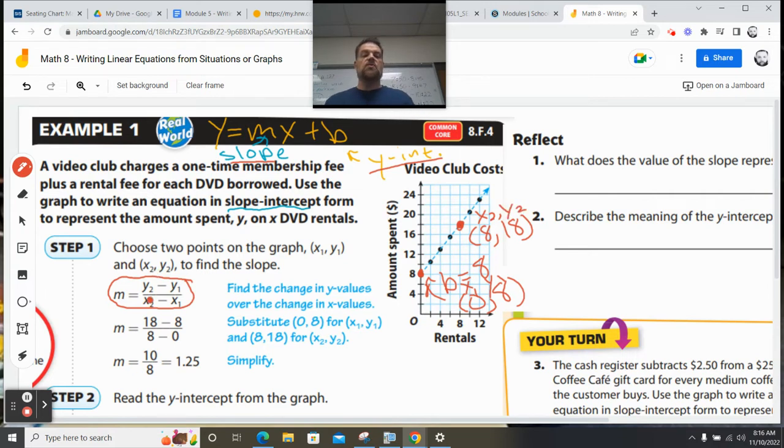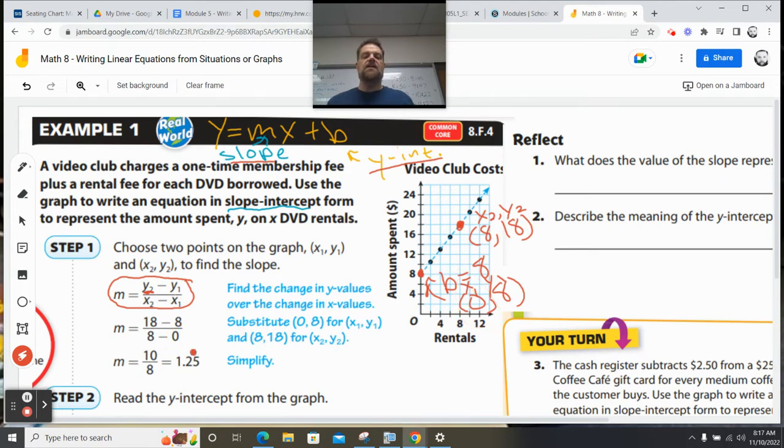So what they did is wherever there's a y sub 2 in the formula, they plugged in 18. Wherever there was an x sub 2, they plugged in 8. And you have to keep track of that. Then y sub 1 was just 8, so they plugged in an 8 here. And x sub 1 is 0, so they plugged in a 0 here.